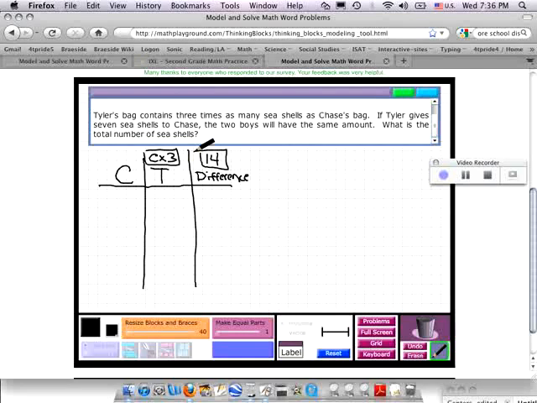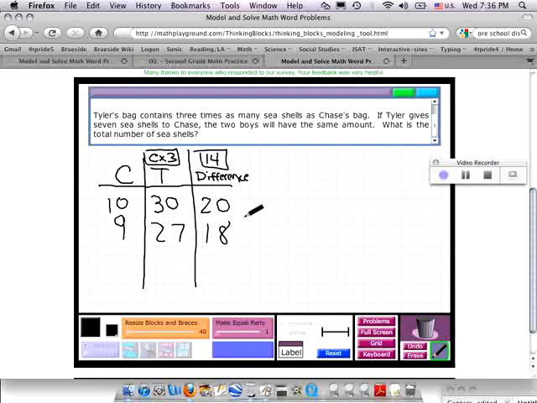So using a table, you just need to know how to set it up. You can start, if Chase has 10, then Tyler has 30, and the difference here is 20. Remember, we want the difference to be 14, and you'll see why in a second. So let's go down 1, 9 to 27, and you could do the math on your own, but the difference would be 18.